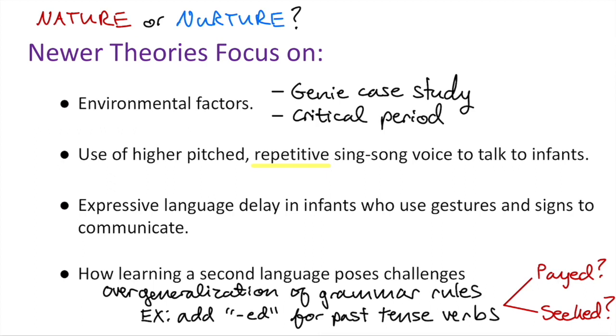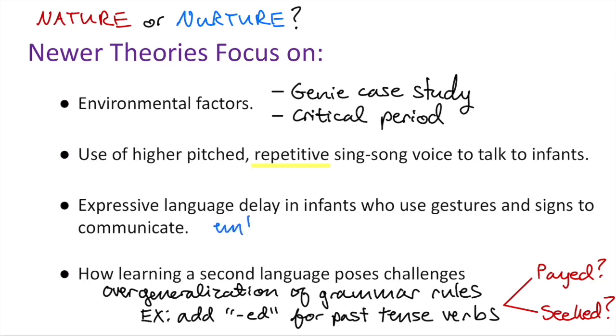It depends on where on the spectrum they land and the kind of intervention that they get and when they get that intervention. Okay, so you could see language delay that is either made up for, like you catch up, or you don't catch up, or you convert to using gestures and signs, like with ASL. And now the deaf community does consider itself to be a community with a culture and a language.